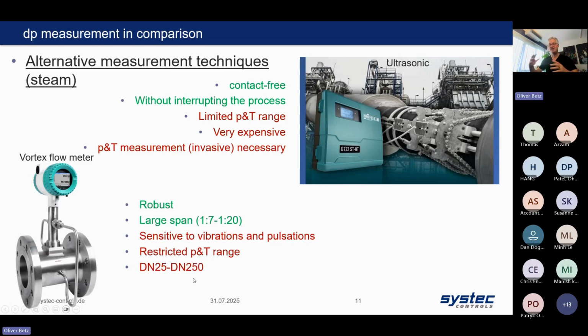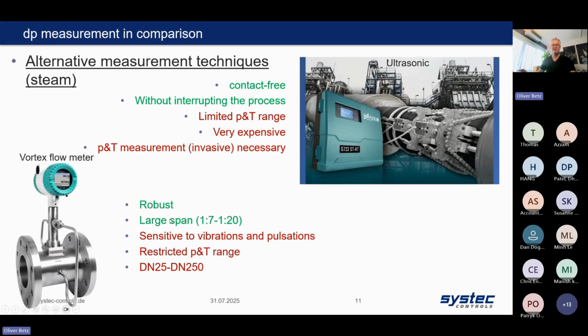From the diameter, there is also some limitation. I think the smallest will start at approximately DN25 for industrial ones, and between 200 and 300 millimeters, that's basically the end of the story. Maybe there is a manufacturer who can do some bigger or smaller sizes, but let's say this is the typical range for vortex flow meters.